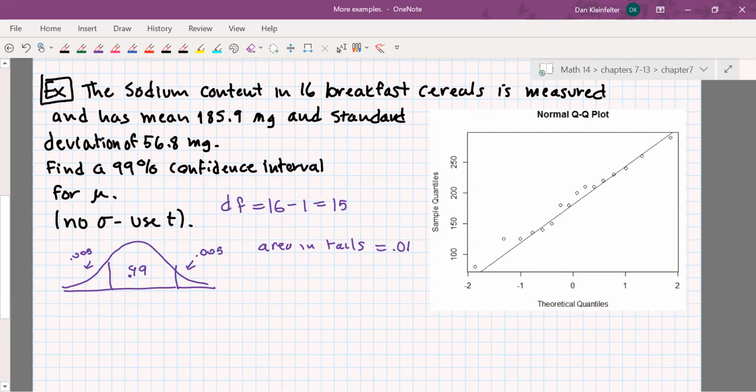Okay, so referring to our t-table, we have a degrees of freedom of 15, and the area in two tails is 0.01. So our cutoff will be 2.947.